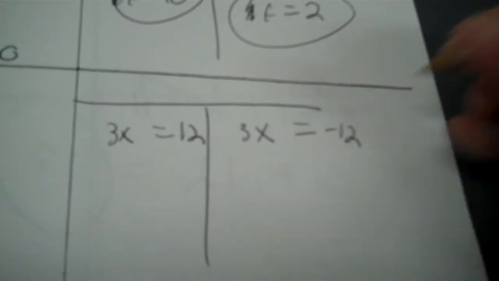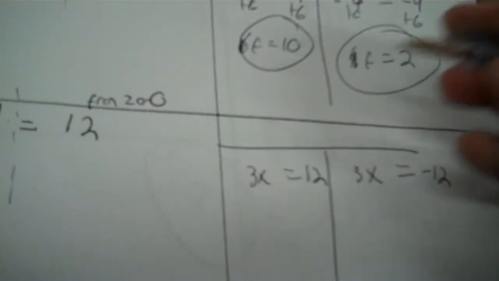Inside the absolute value, we have the expression 3x. Dash line. You don't have anything in front, you don't have anything behind it, so now you can label this from 0. So there's two places you can be 12 from 0. You can be at 12, or you can be over at -12.